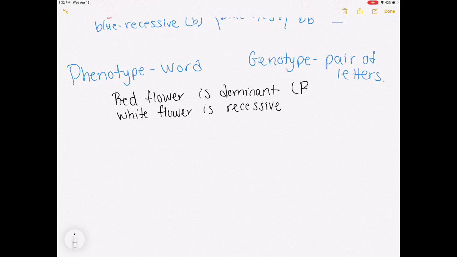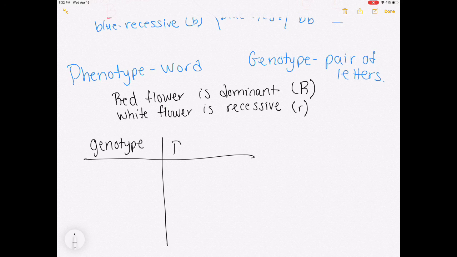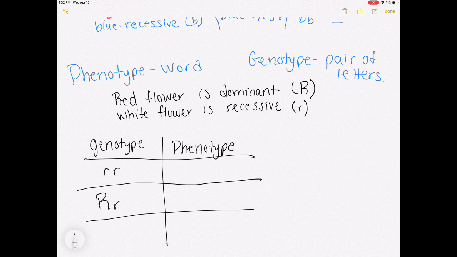Big R would represent red and little r would represent white. What if I were to say to you, the genotype, I'm going to make a little chart here, and I said the genotype is little r. And I'll do this for all three, you have to provide the phenotype.